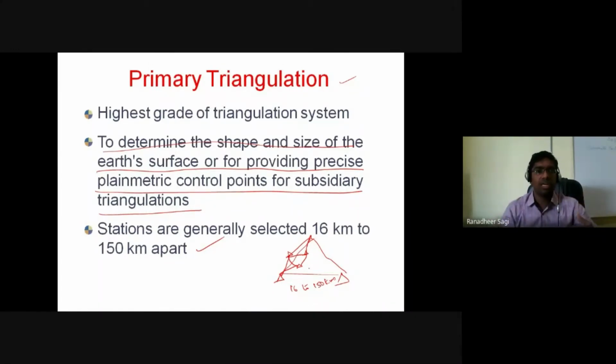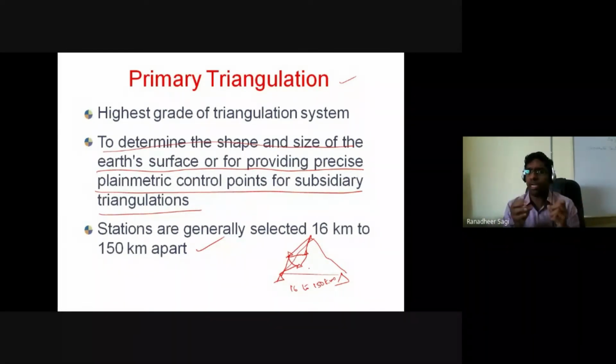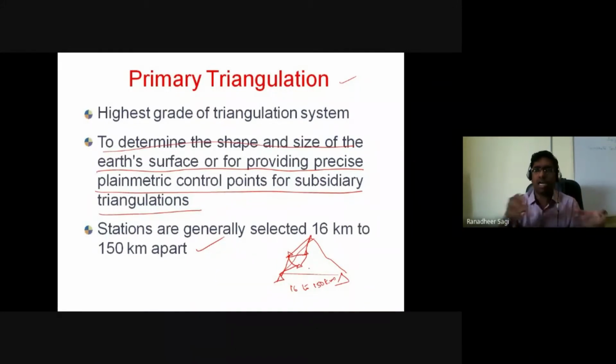Similarly, even with the secondary triangulation network, we may not be able to figure out all the other information at small distances. In such a case, we build another network in between the secondary triangulation network, which is called the tertiary triangulation network. What differs from primary to secondary to tertiary is the amount of accuracy with which the measurements, either linear or angular, are done.